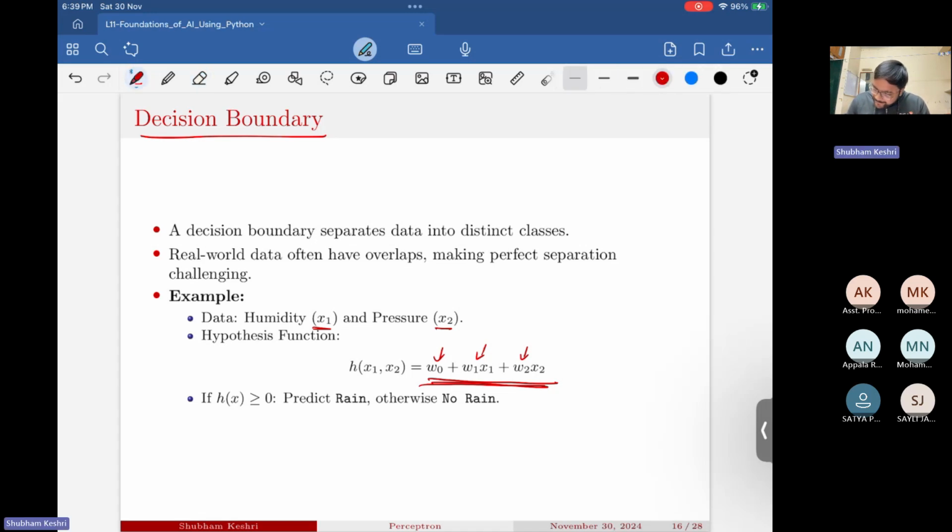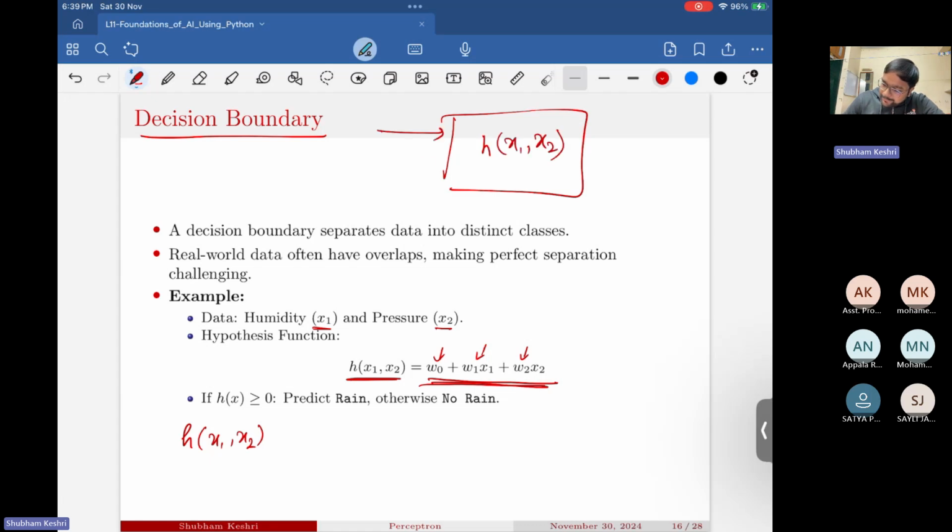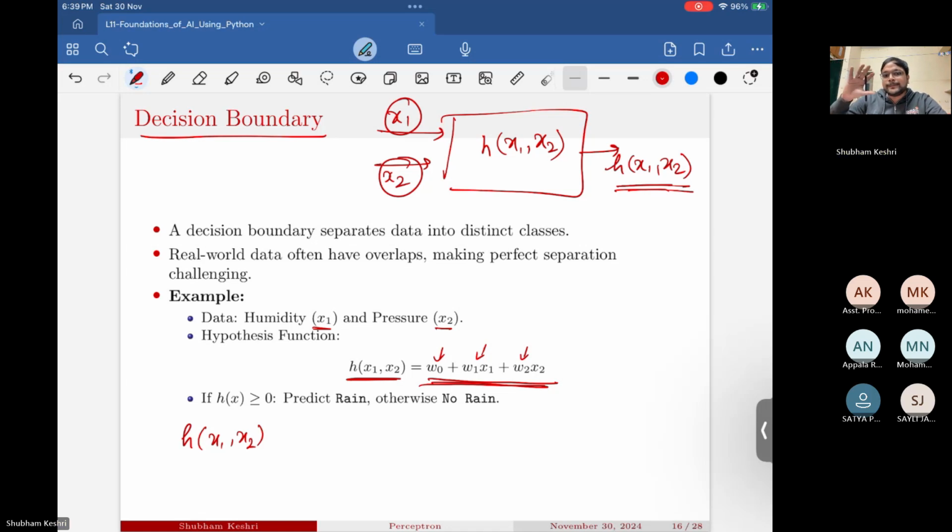You can say the function is h of x, so h of x1 comma x2. You input x1, you input x2, and the output will be h of x1 comma x2. That is, it will either be blue or red. This is the function we want to obtain.